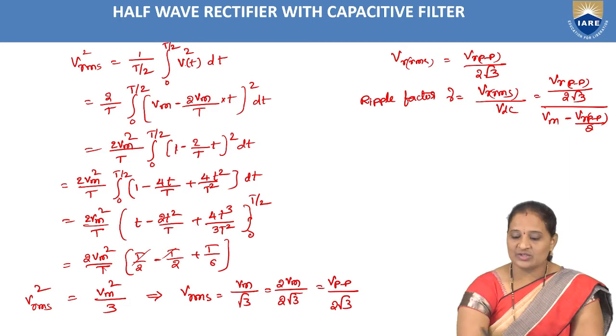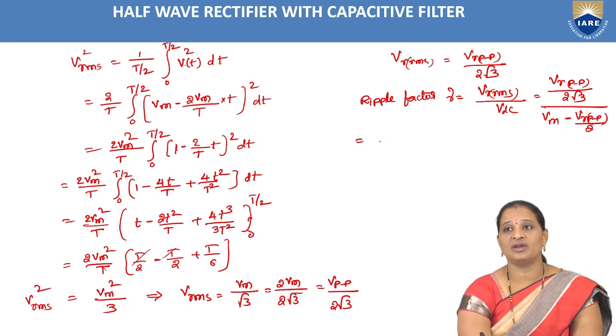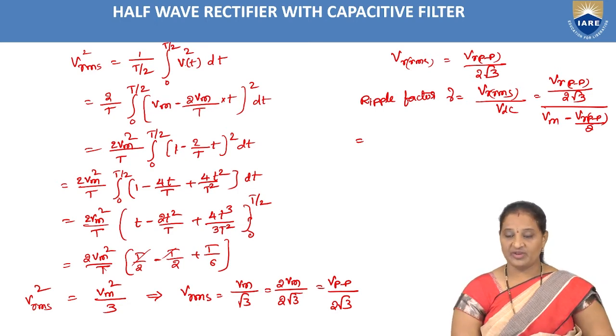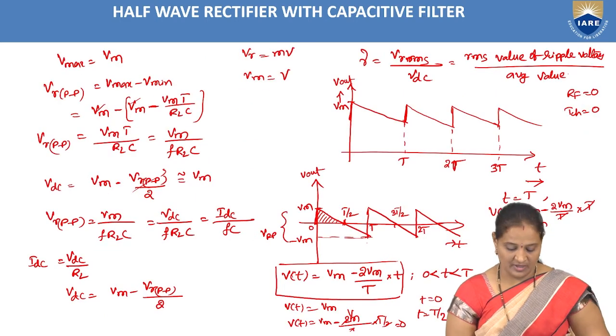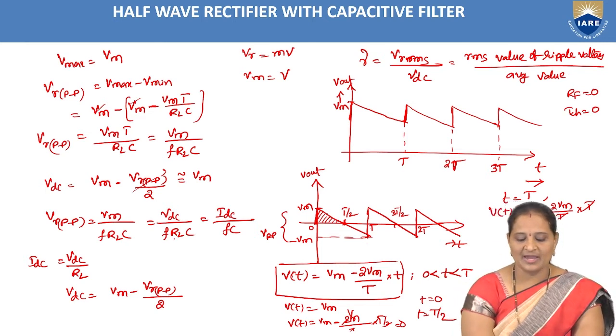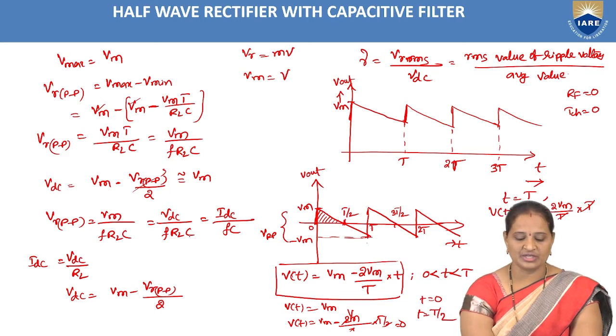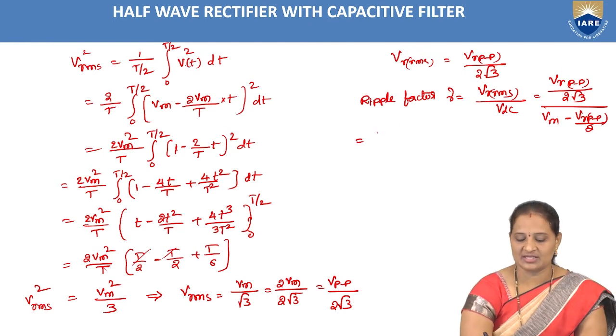Now substitute. Already we have the formula for VR peak to peak, which we have derived as VDC by F RL into C, or else Vm by F RL into C. Just substitute that in this equation.